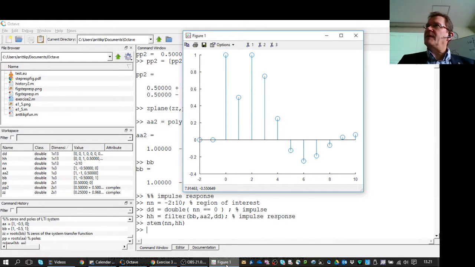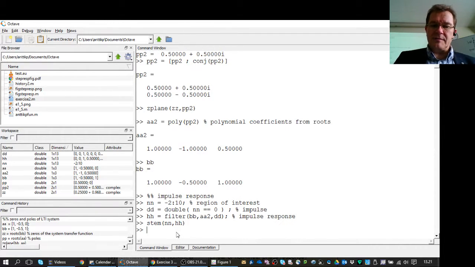To be sure, you can also calculate the norm of the impulse response values where nn is greater than the order number 2. If this is 0, then we have a FIR.